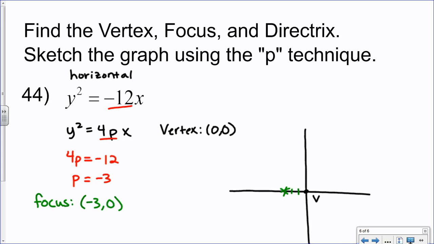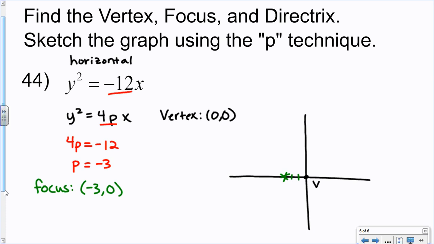Okay, then my directrix, I'm going to go out 3 units to the right. What type of line will be your directrix? So if your parabola is horizontal, the directrix will be vertical.